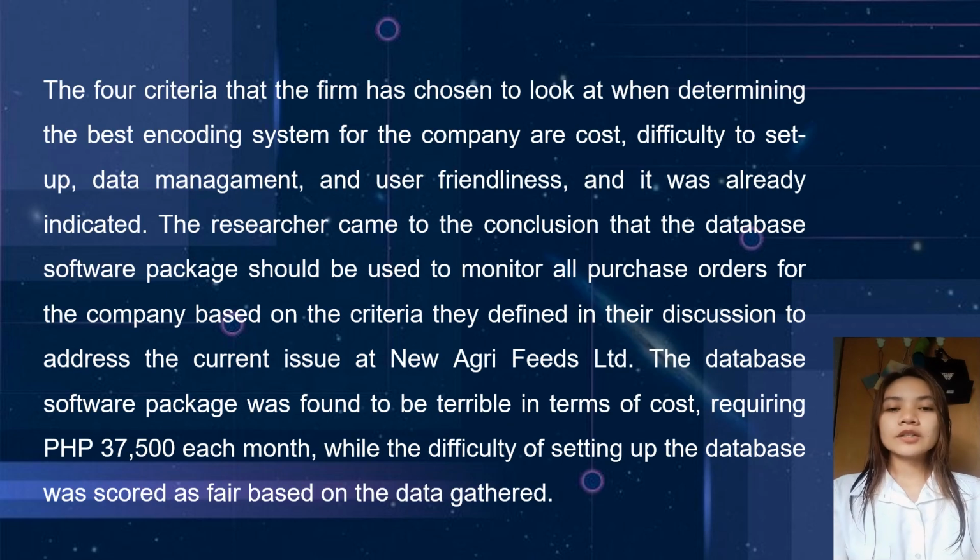For the selection of the best alternative, the four criteria that the firm has chosen to look at when determining the best encoding system for the company are cost, difficulty to set up, data management, and user friendliness. And it was already indicated.